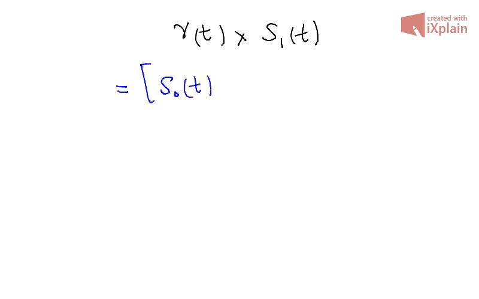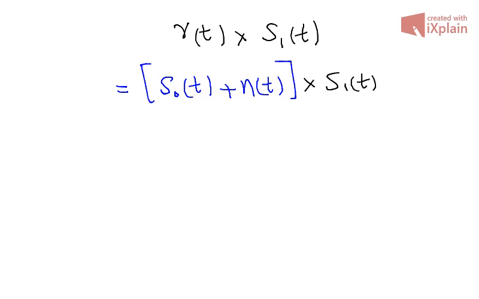Your received signal, according to our assumption, is S0 of t plus n of t, noise, and that is multiplied with S1 of t.